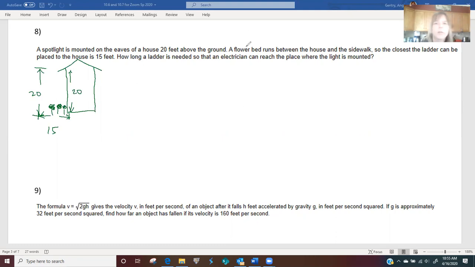And what are we trying to find? We are trying to find this piece here, because how long a ladder is needed? So here's your ladder. The blue is the ladder because the electrician has to reach the light.